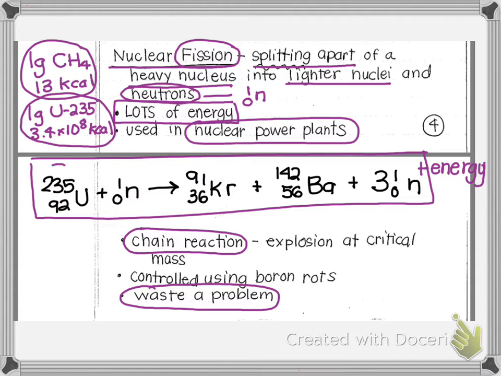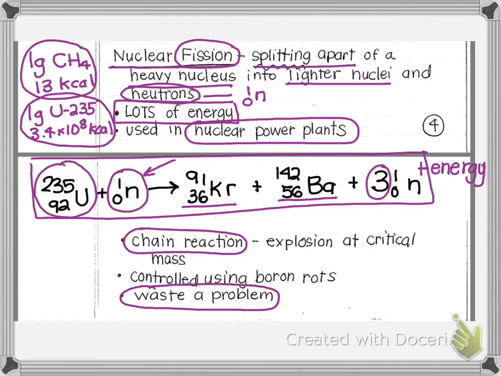So when we look here, you start with the uranium-235 and it's bombarded or hit with neutrons. This causes the fission reaction where it breaks into krypton and a barium isotope, but it also makes 3 more neutrons. Well, remember back here we need neutrons for this reaction.